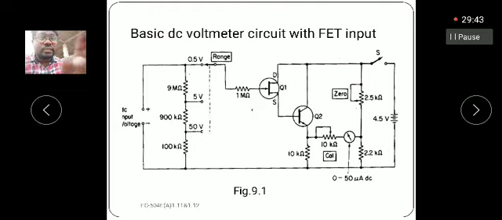The known voltage source is 500 millivolts here. The 500 millivolt range is selected by means of the rotary range switch. With the help of this rotary switch, we have selected the required range of the known voltage.